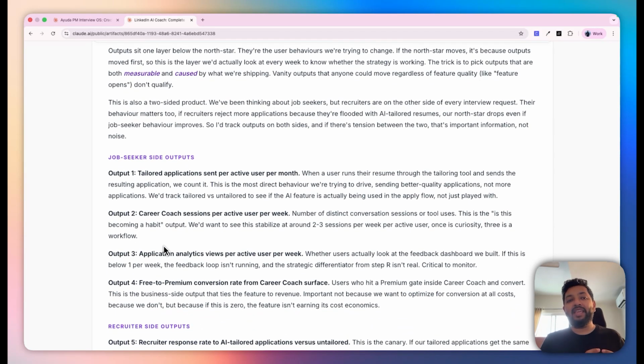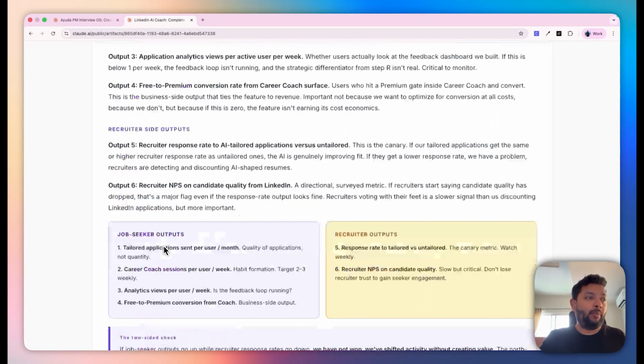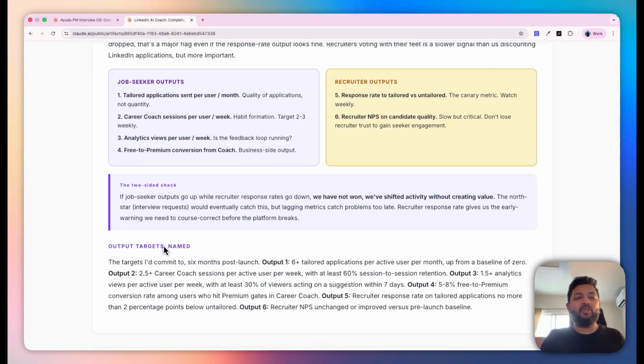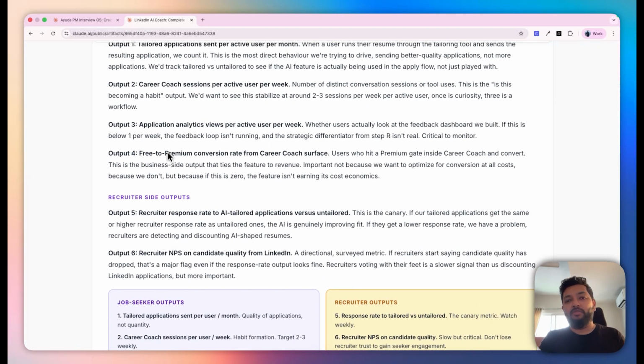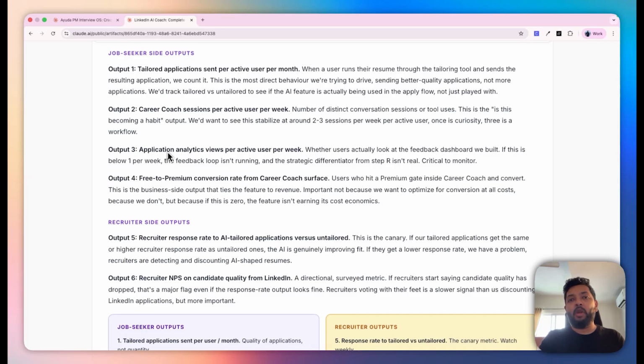The only thing in this case is you, of course, break it down into job seeker side and recruiter side, and then use both of them to understand which one makes more sense and which one you're going to pick, right? The best way is to pick one each, or to pick one side and then try and figure out multiple outputs for that one. It's up to you how you want to do it. But the thought process is to break it down into outputs and use it.